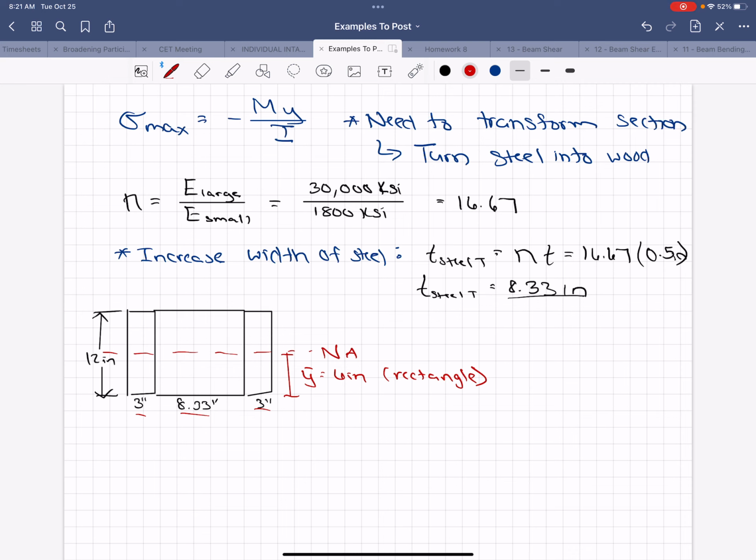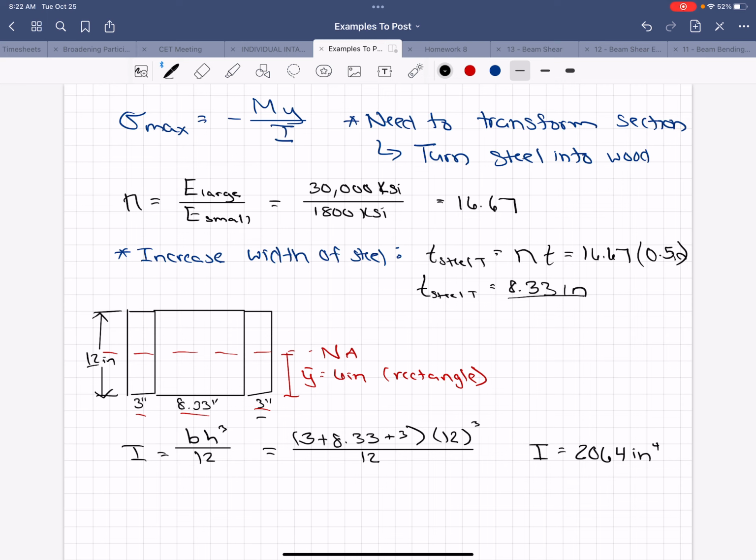So we can do I equals BH cubed over 12. And our base is now 3 plus 8.33 plus 3, times our height of 12, cubed, all over 12, and we get I equals 2,064 inches to the 4th.